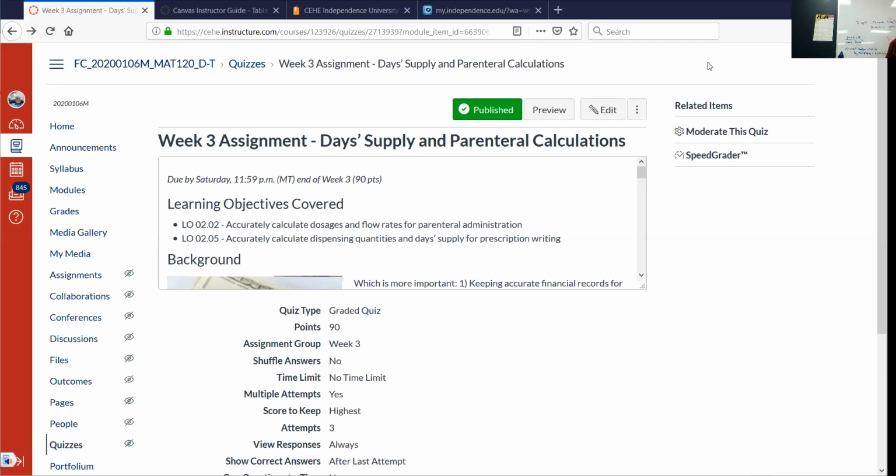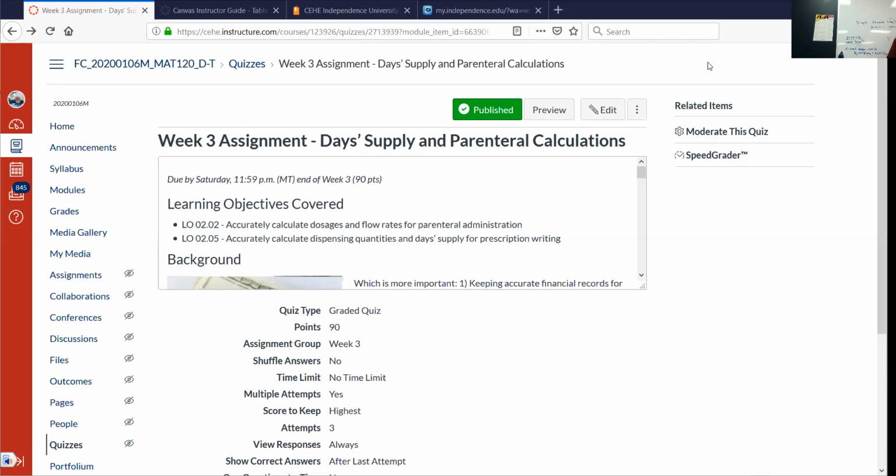So now we have to convert, and then we multiply by the drop factor. Remember, the drop factor is whatever they tell you it is. In this case, it's times 15 drops per milliliter.